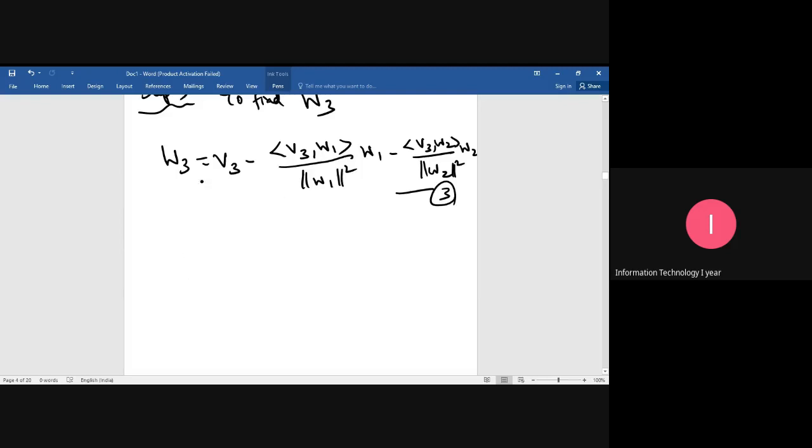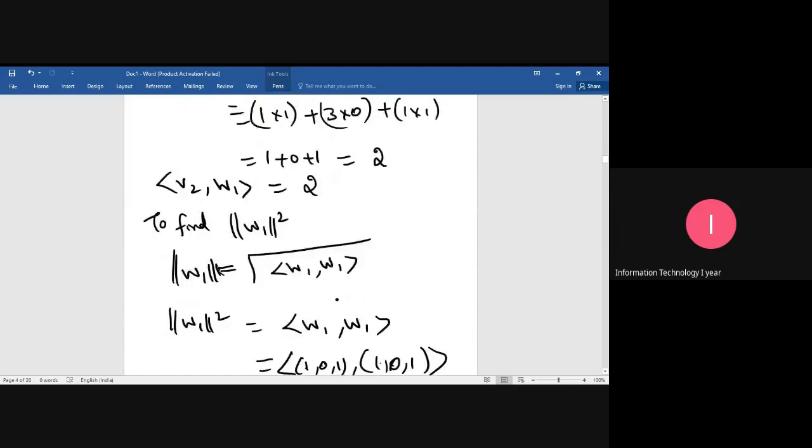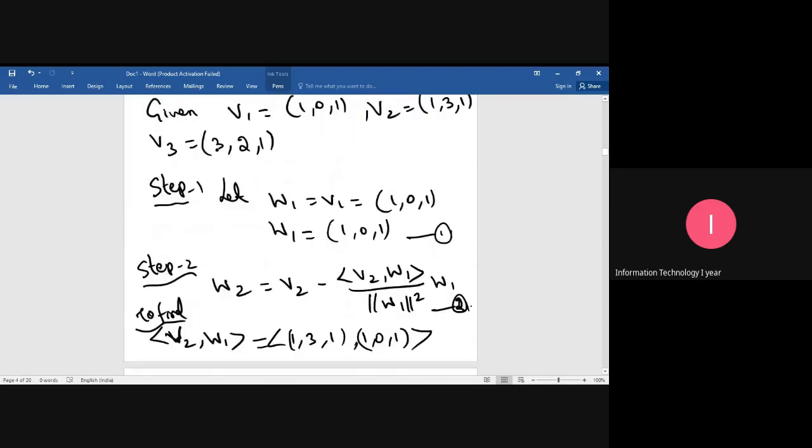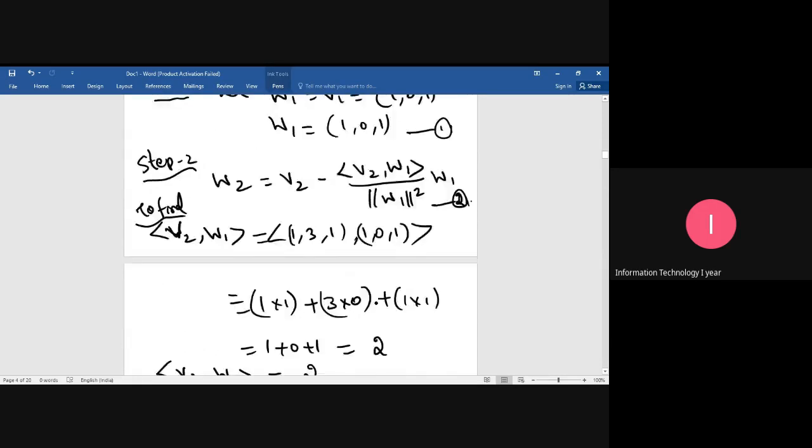So first, to find the inner product of V3, W1. V3 is the given vector: V3 is 3, 2, 1 and W1 is 1, 0, 1.